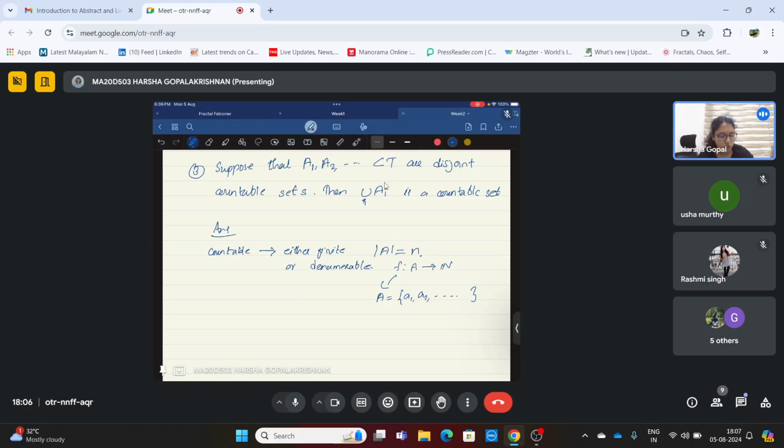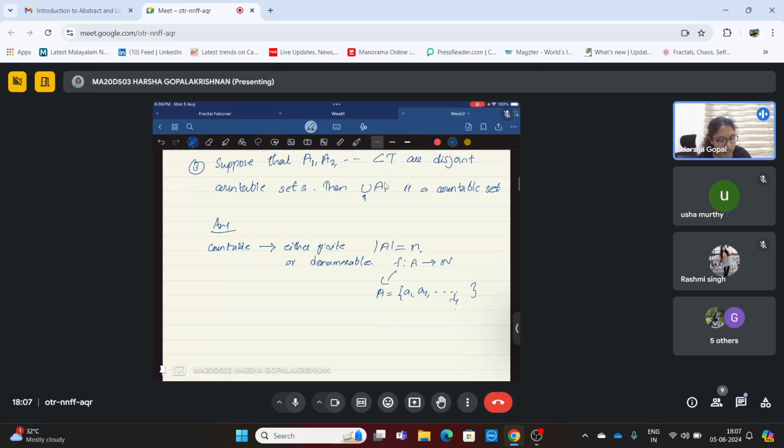When it stops at some nth stage An, then it becomes finite. In this case, denumerable means there is a bijection with N. What will be the bijection? A1 maps to 1, A2 maps to 2, and so on. So this is our set N, right? Like this we can associate A and N with the bijection. So this is denumerable.